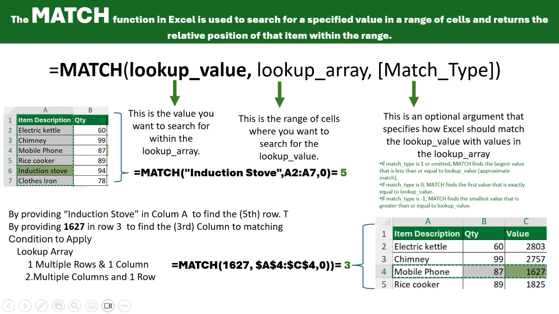By providing induction stove in column A, we find the fifth row, and by providing 1627 in row 3, we find the third column of matching. So there is one more condition to apply on the lookup array.